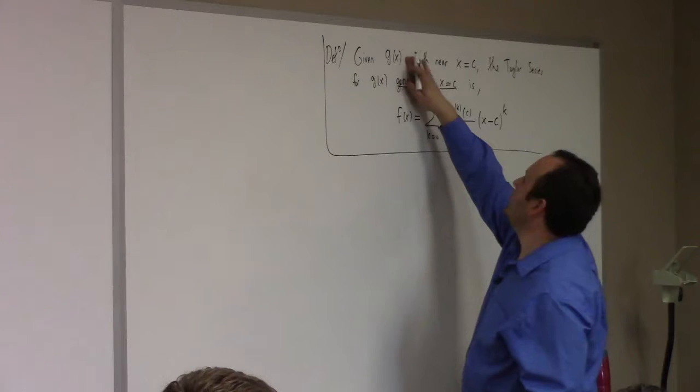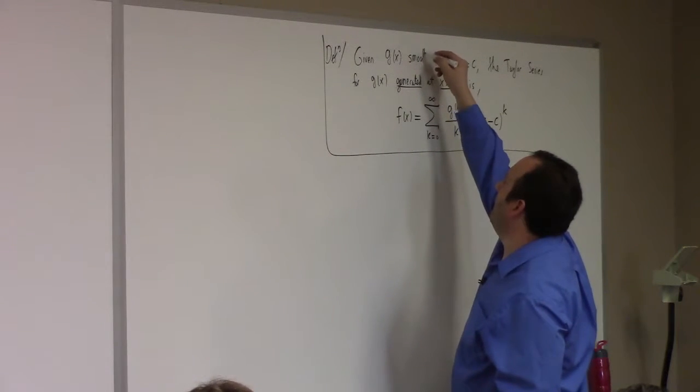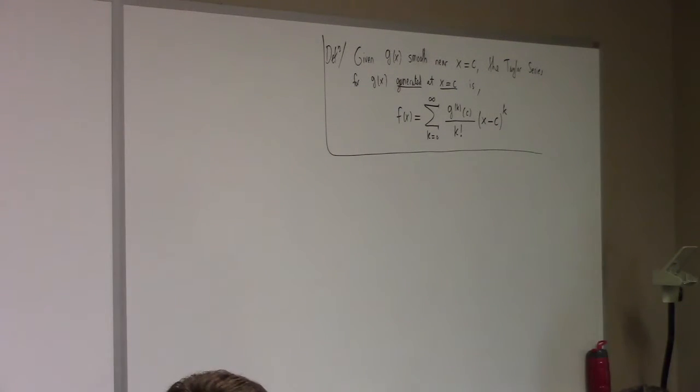Smooth means that you can take arbitrarily many derivatives of the function, right? And all of those derivatives are continuous functions themselves.